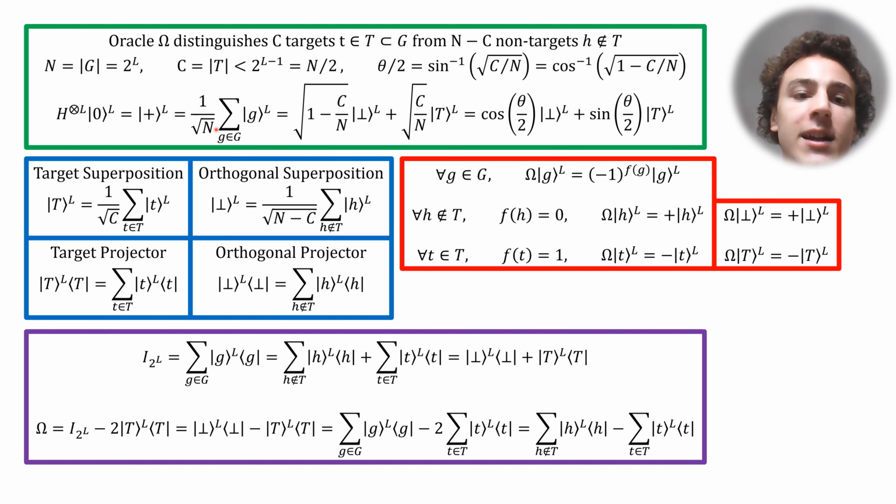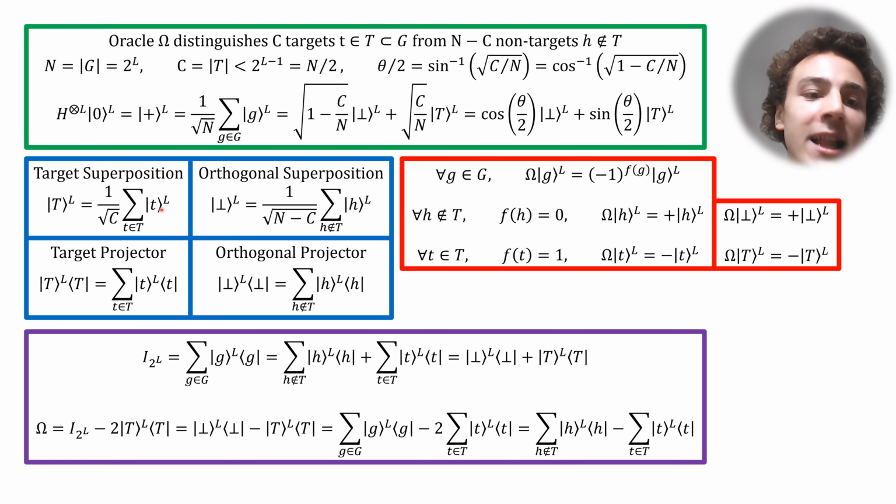We can break this uniform superposition of all of the L qubit computational basis states into a linear combination of the orthogonal superposition and the target superposition. These are defined in this blue box below. The target superposition is a uniform superposition of all of the target states. So the target states are L qubit computational basis states that are labeled by these little t's.